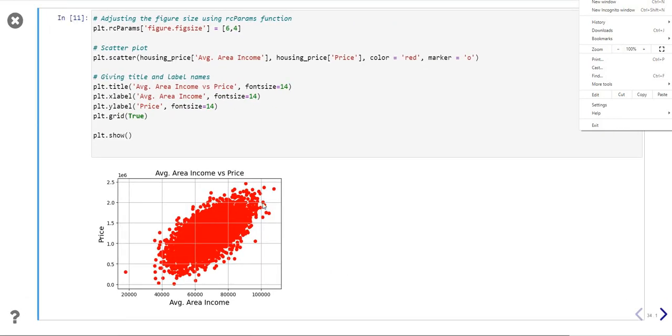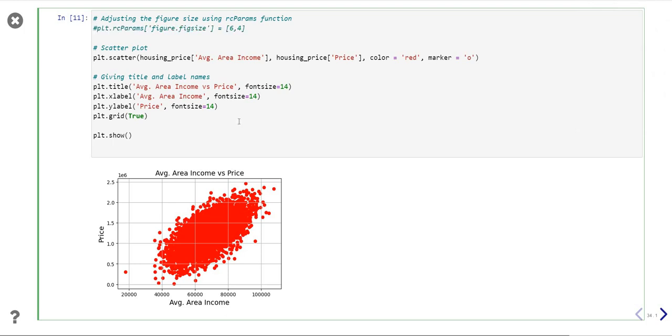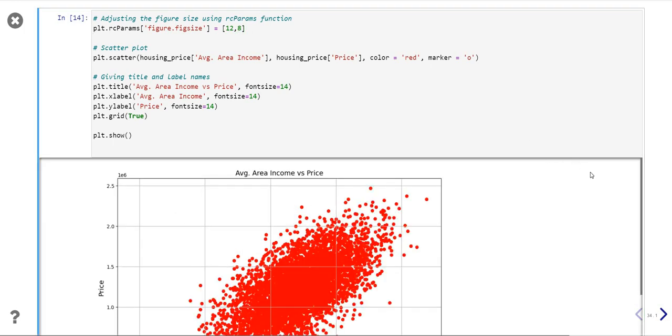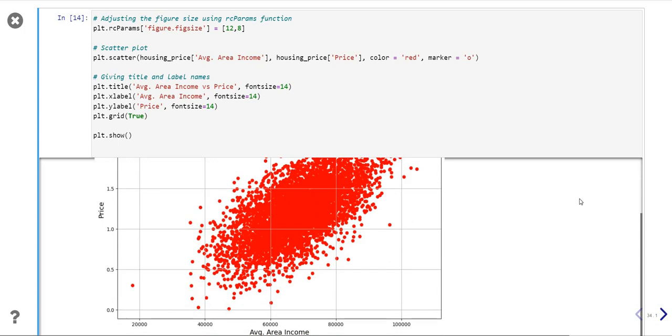There you can see the plot. Let's see what happens if you don't put this one. It's giving the default size. Let's see if we change this to 12 and 8. Now it becomes bigger, right?